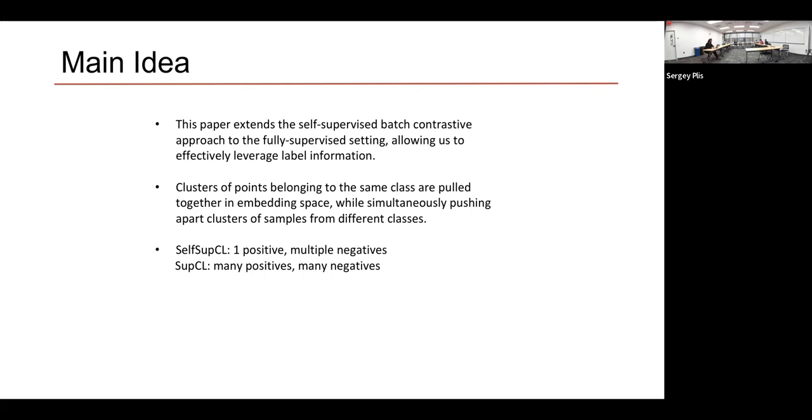Traditionally, the self-supervised setting does not use any label information from the data set, but when contrastive learning is used in a fully supervised setting, it uses label information. And another considerable difference with self-supervised contrastive learning is that traditionally, self-supervised contrastive learning uses, per batch, one positive sample and multiple negative samples. And for supervised contrastive learning, per batch, there are many positives and many negative samples.